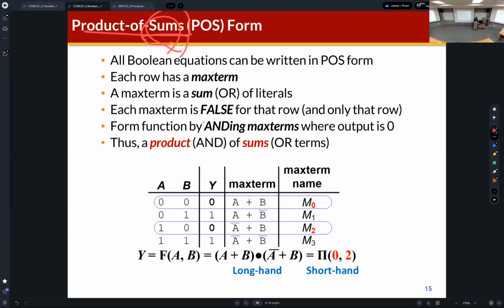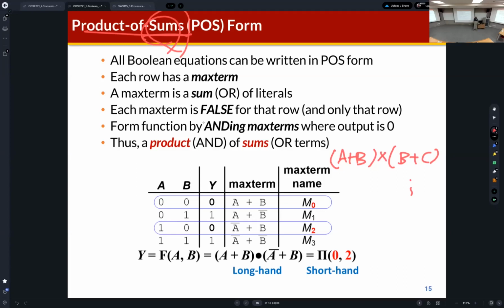So we can think about sums like A plus B or B plus C, and like that. These are sums of the input signals. Then if we just multiply these terms, like this, then we can generate the product of sums, right?